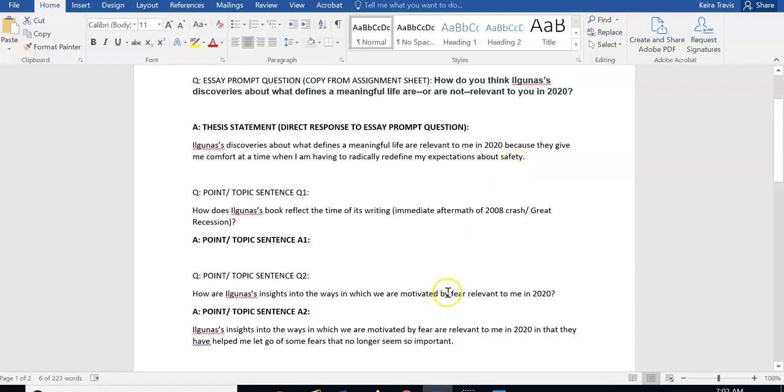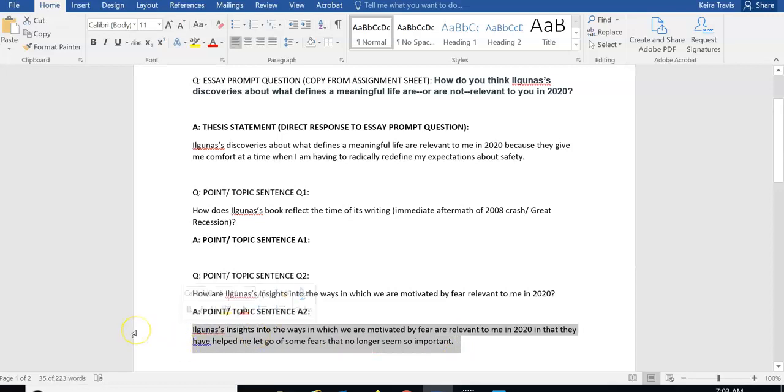So I'm doing this redefinition of my sense of safety, with expectations of safety in a context of COVID-related fear, or economic insecurity-related fear, or both. Okay, I actually wrote a topic sentence for this one.